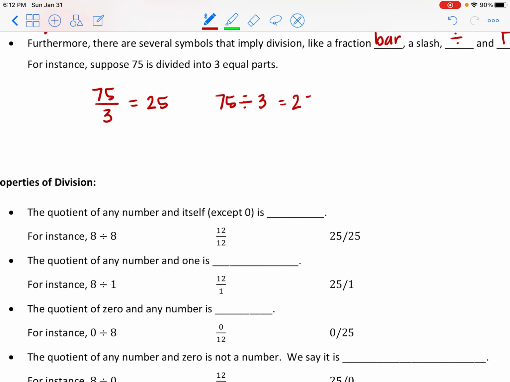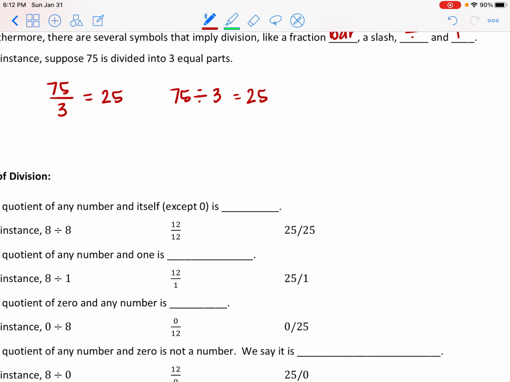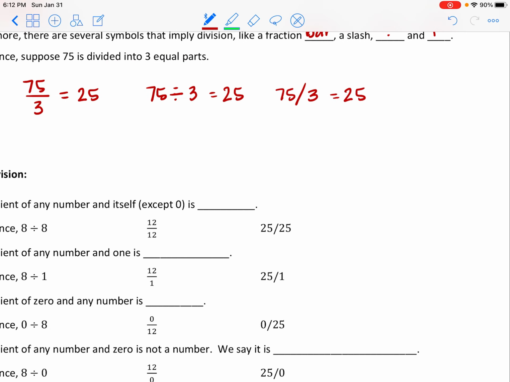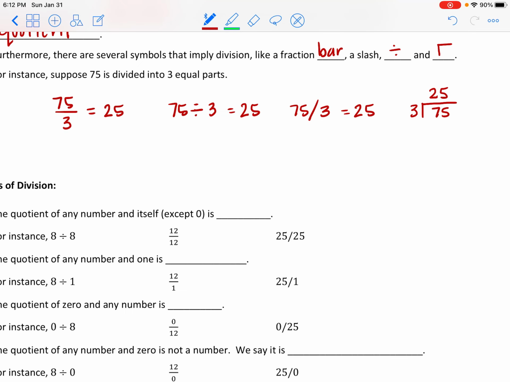And again, the answer would be 25. Or I could say 75 divided by 3 like this with the backslash, and again, the result would be 25. Or I could use the division box, so I could say divide 3 into 75 and get a result of 25. So all of these are different ways to show the operation of division with the result.